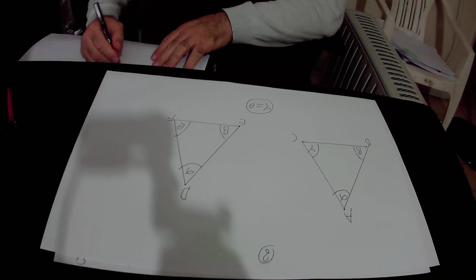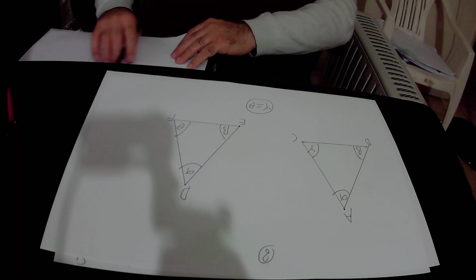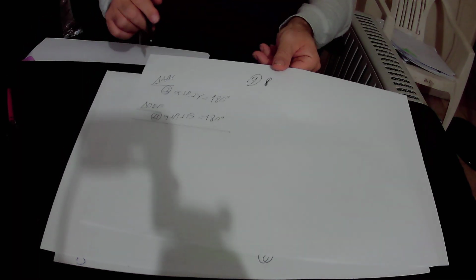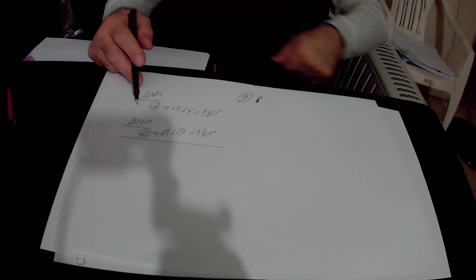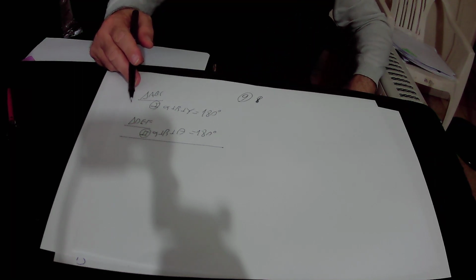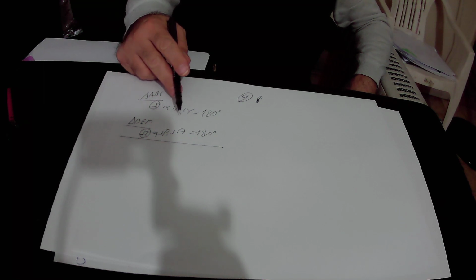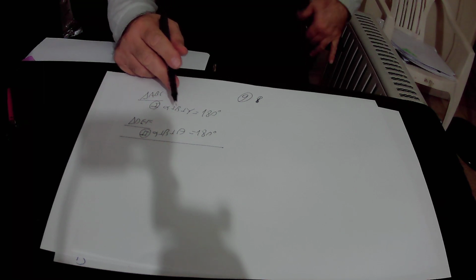So equation number 2 states that the sum of the angles in triangle DEF equals 180 degrees, that is to say, alpha plus beta plus theta equals 180 degrees.